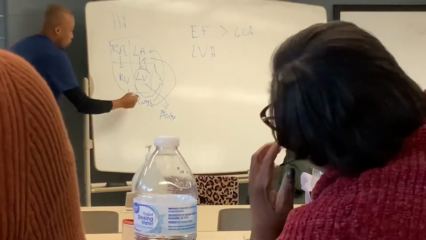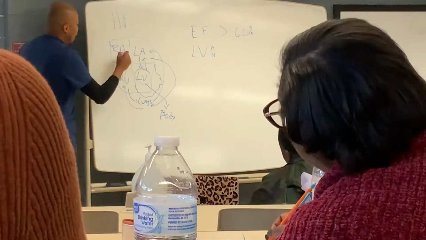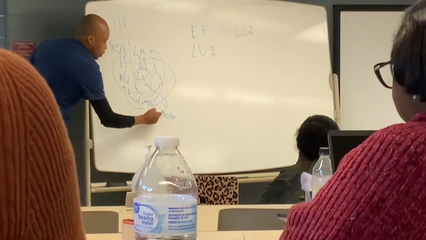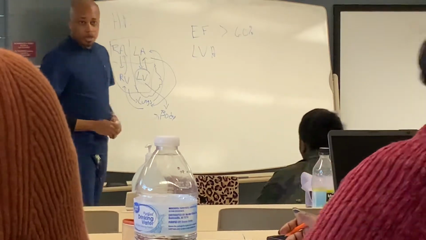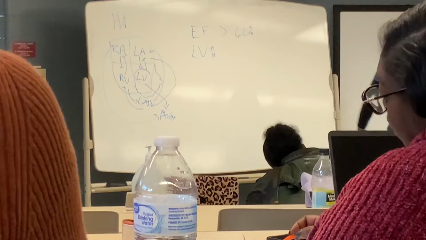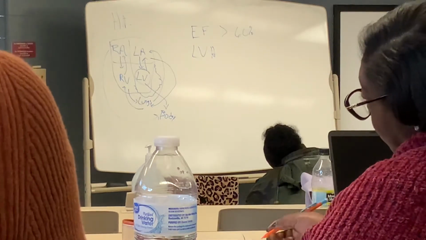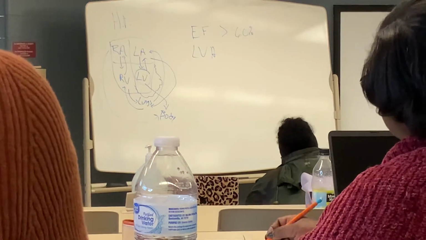From the lungs, it goes to right ventricle, right atrium, to the body. So the right-sided symptoms are going to be those peripheral edema, and those types of things. Okay? Does everybody understand that so far?